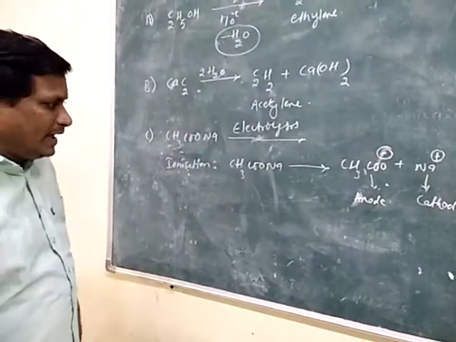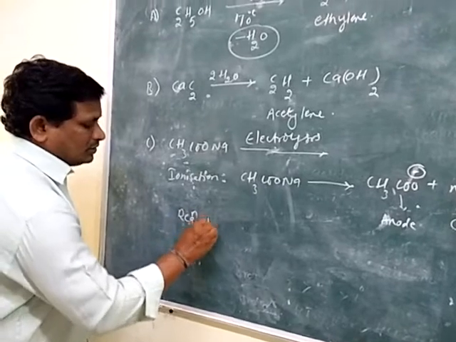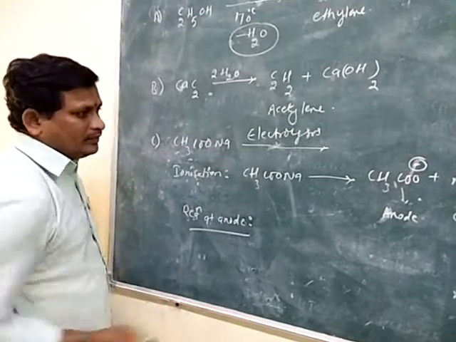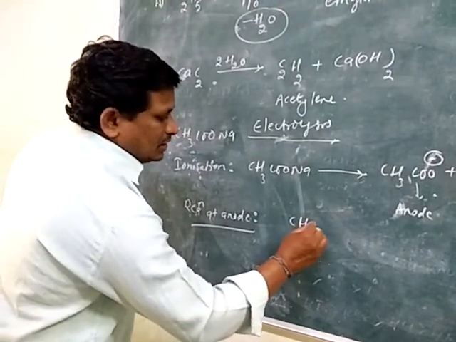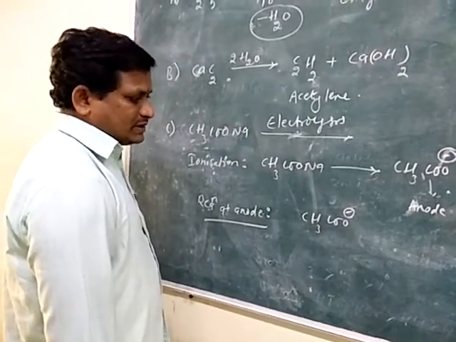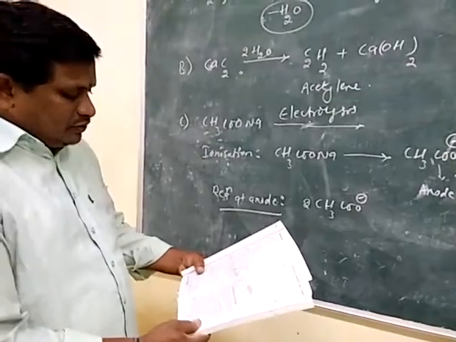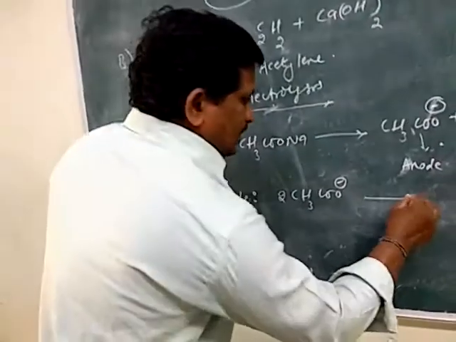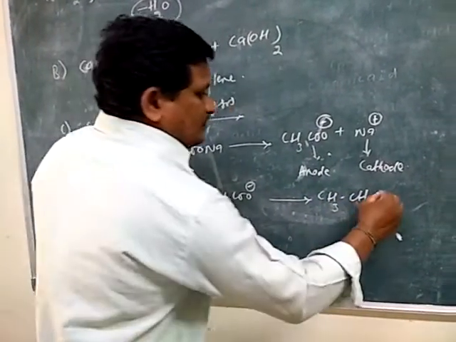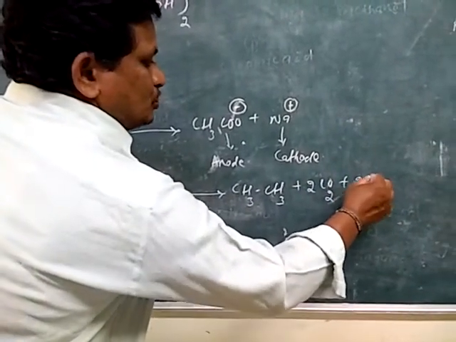Now the reaction at anode. So CH3COO minus. Let us consider 2 moles of CH3COO minus. So then it gives CH3, CH3 plus 2CO2 plus 2 electrons.